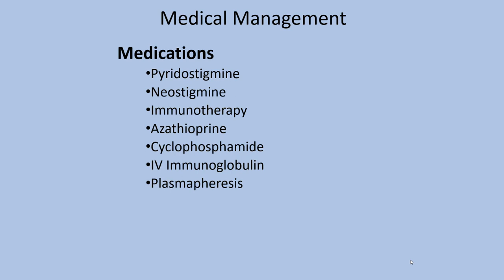So medications, there's several that we can give these myasthenia gravis patients. The first one there is pyridostigmine or Mestinon. That's an anticholinesterase. It's a medication that is a reversible inhibitor of AChE. It improves neuromuscular transmission. It increases the ACh stimulation of the ACh receptors that are available.